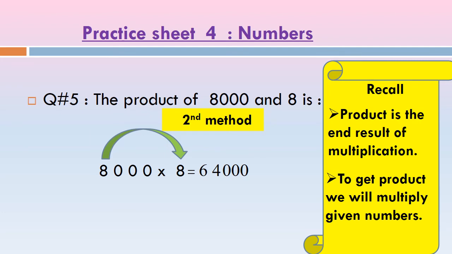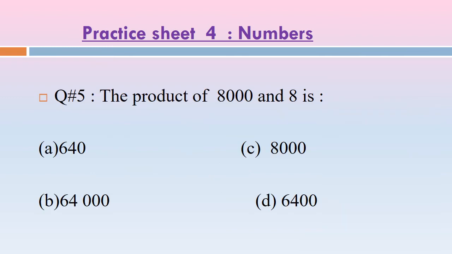So by both methods we get our answer 64,000. So at which option there is 64,000? Yes, at B option. So this is the right option.